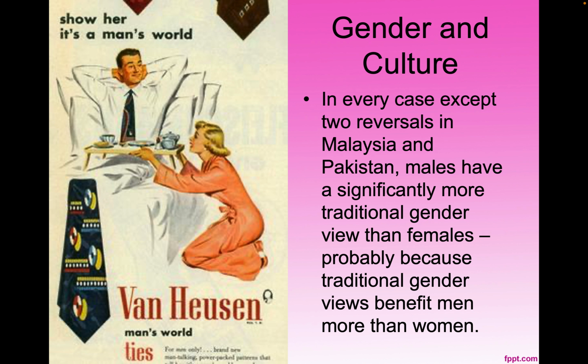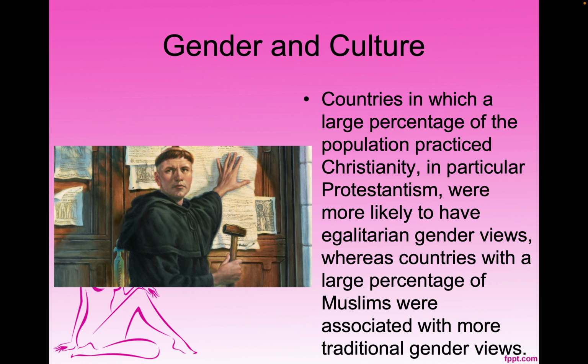And this is an old Van Heusen tie advertisement, and as you can see, this is from the 1950s, so don't get too excited. If men wear a tie, of course, then the women will feed them breakfast in bed.